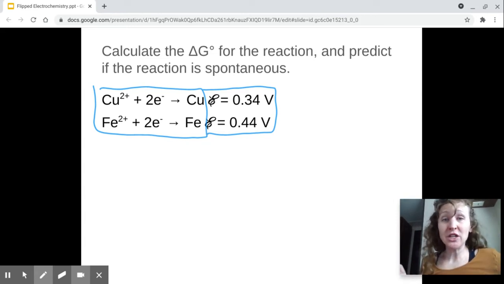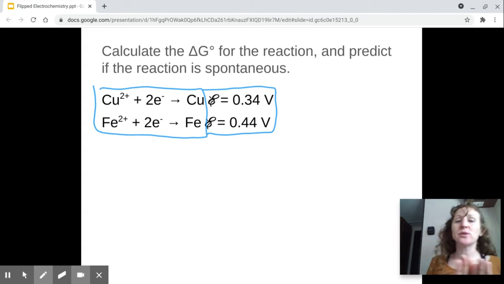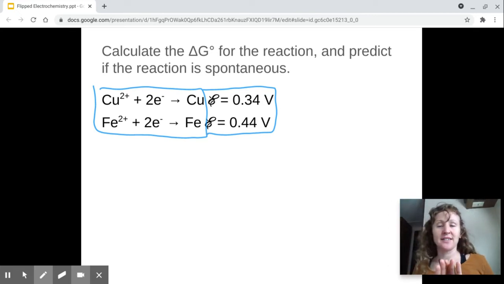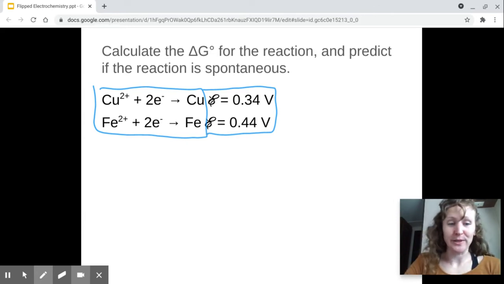So it's all information we already have. We already know how to work with it. We already know where to find it. We're just now using it to find information that is related to the things we've already been talking about.